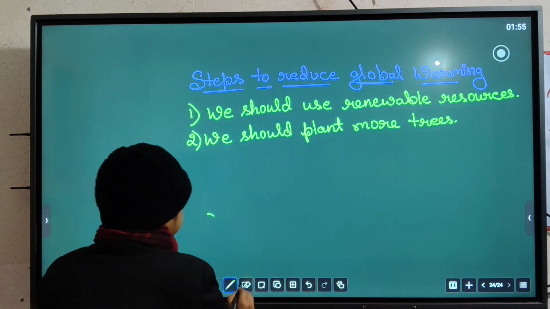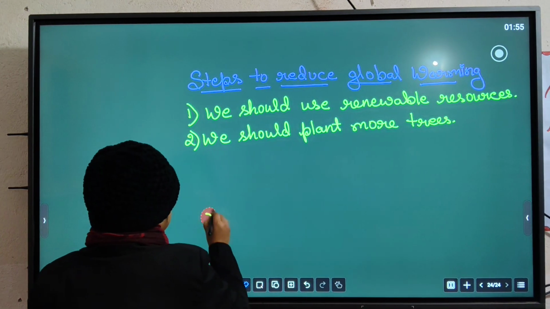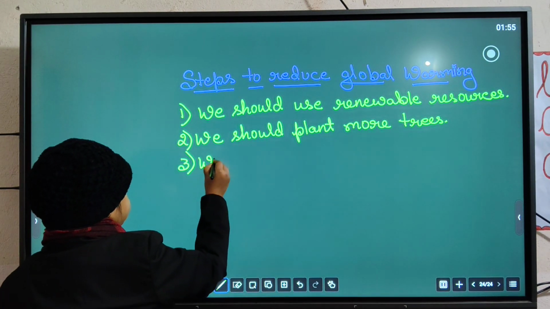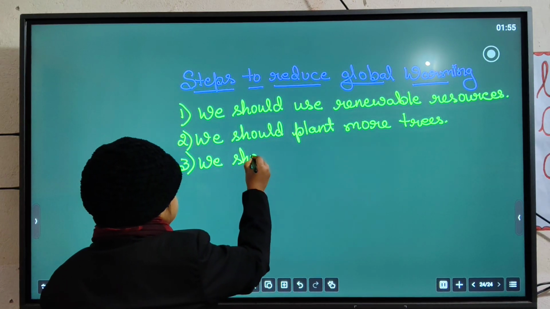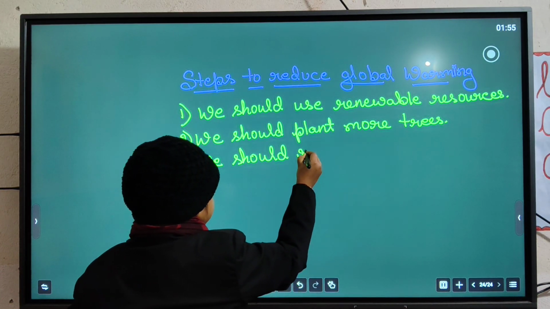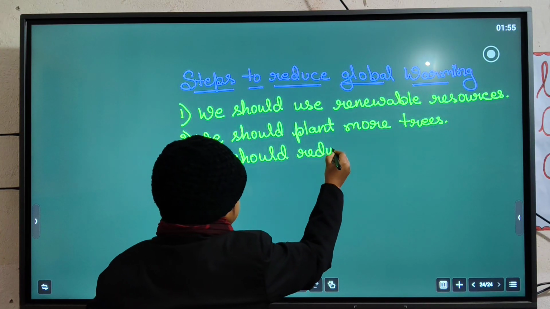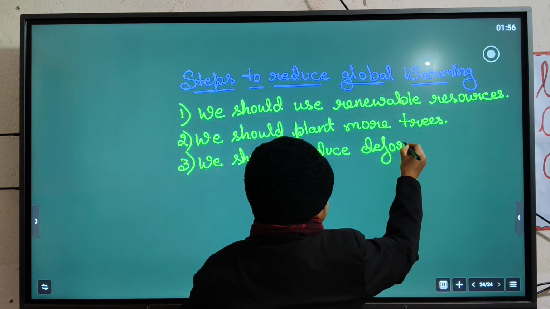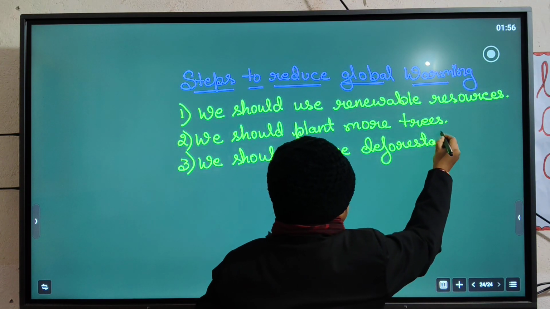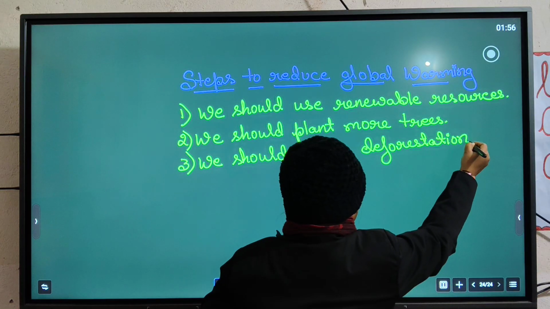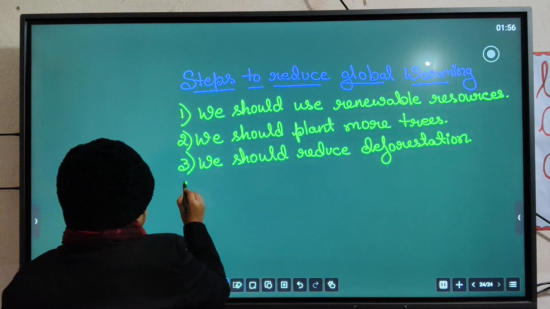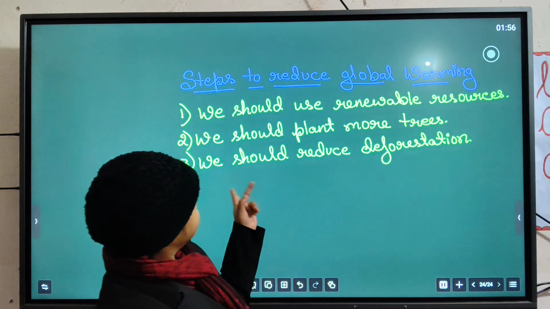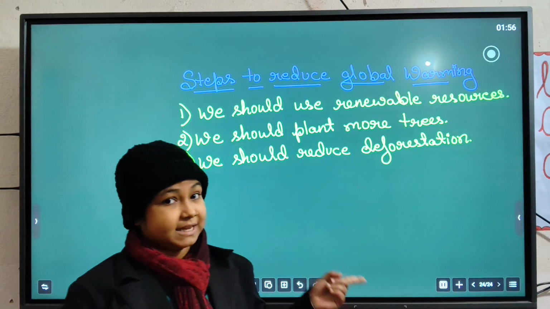We should reduce deforestation. We should plant more trees and use renewable resources.